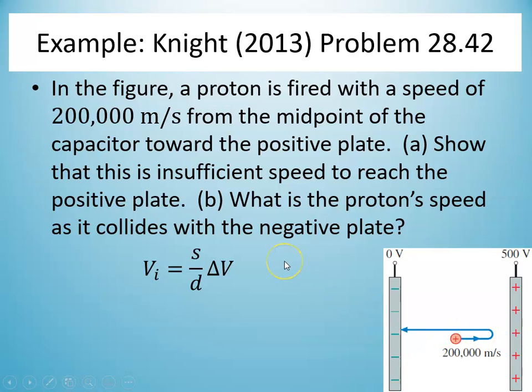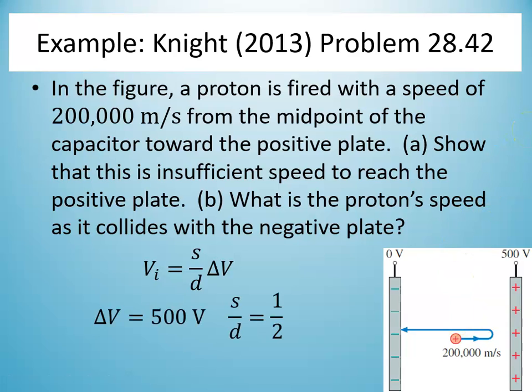So it's kind of an application of ratios, where we use the fact that since delta V is equal to E times S, or E times D, that would mean that the E is equal to delta V divided by D. Then we just say, hey, the electric field is the same, so delta V divided by D is equal to the initial electric potential V sub I divided by the initial position S.